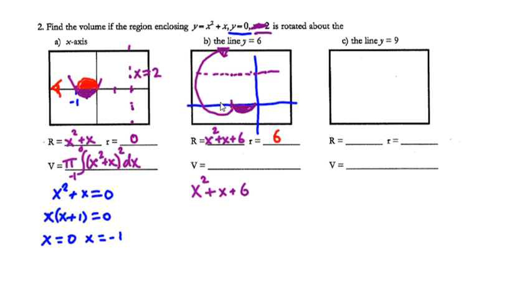So our volume is going to be, we're going to have pi on the outside.